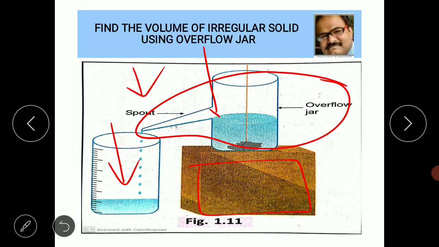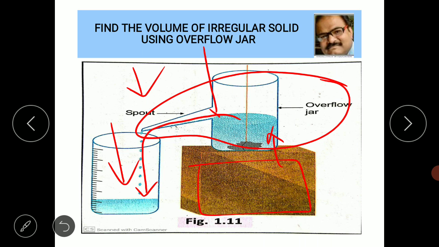As soon as the irregular solid immerses inside the water, the level of water will rise up. So as a result, what will happen? Water does not have any space to go, other than this spout. So through this spout, water will come out and will start collecting into the measuring cylinder.